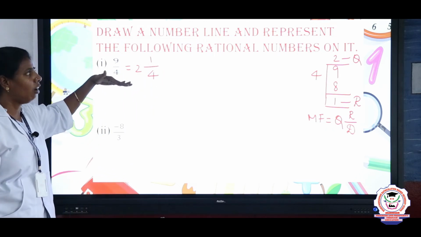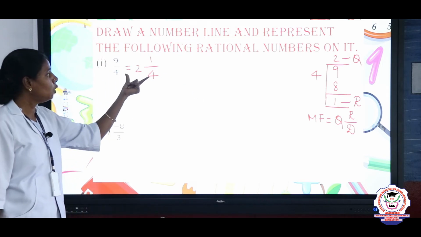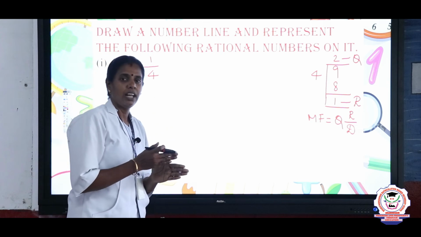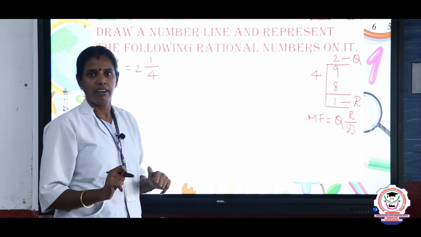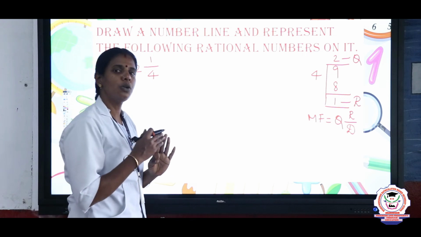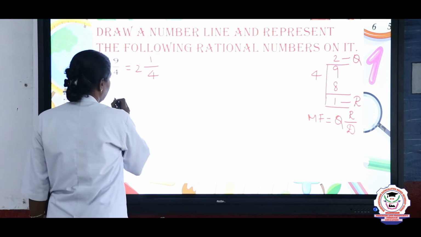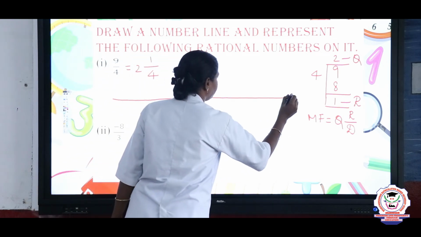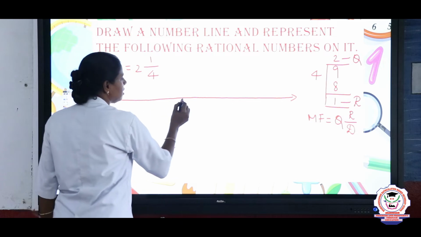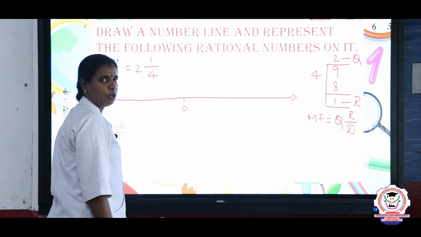Now we need to draw a number line for this 2 1 by 4. First we need to find which two numbers 2 1 by 4 lies between. This is a positive rational number, and all positive rational numbers lie on the right side of 0. Draw a straight line and mark 0. On the right side of 0 we take positive numbers.